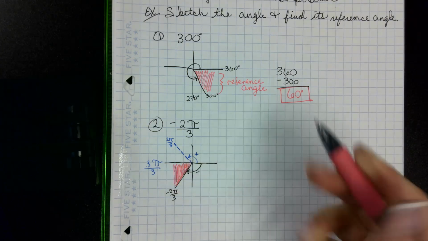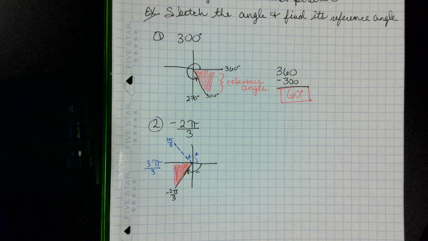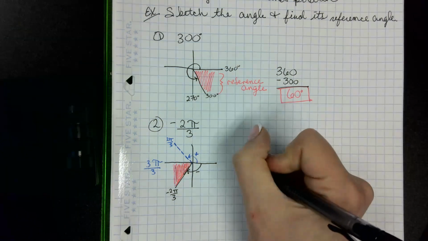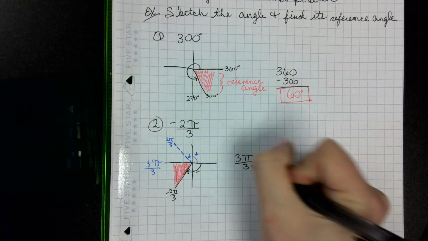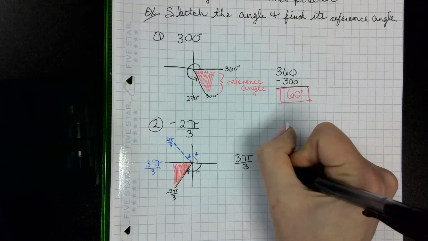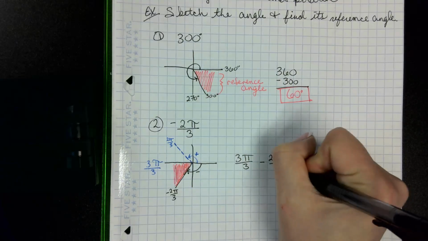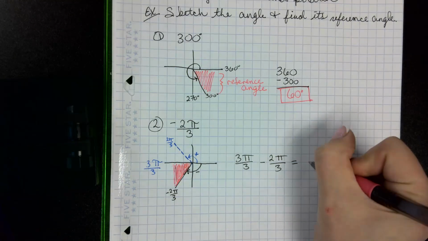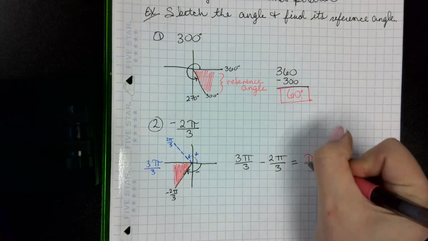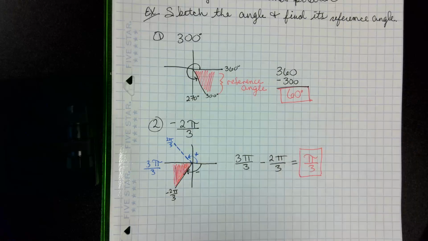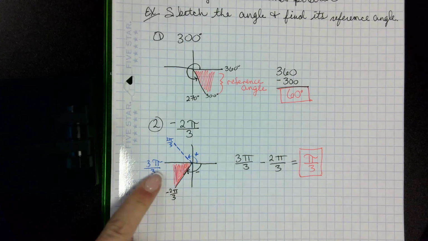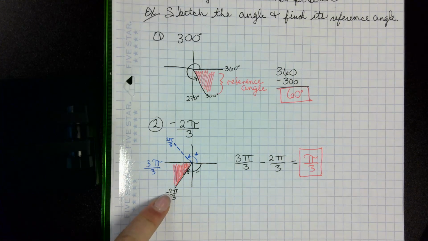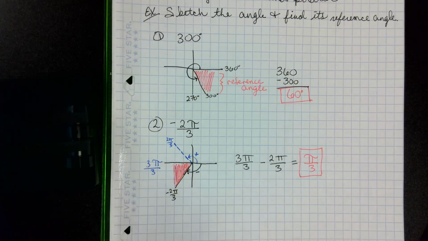If I have 3 pi over 3, and I subtract 2 pi over 3, that gives me 1 pi over 3, or pi over 3. So the reference angle is the distance between our sketched angle and the x-axis. That's it for finding the reference angle.